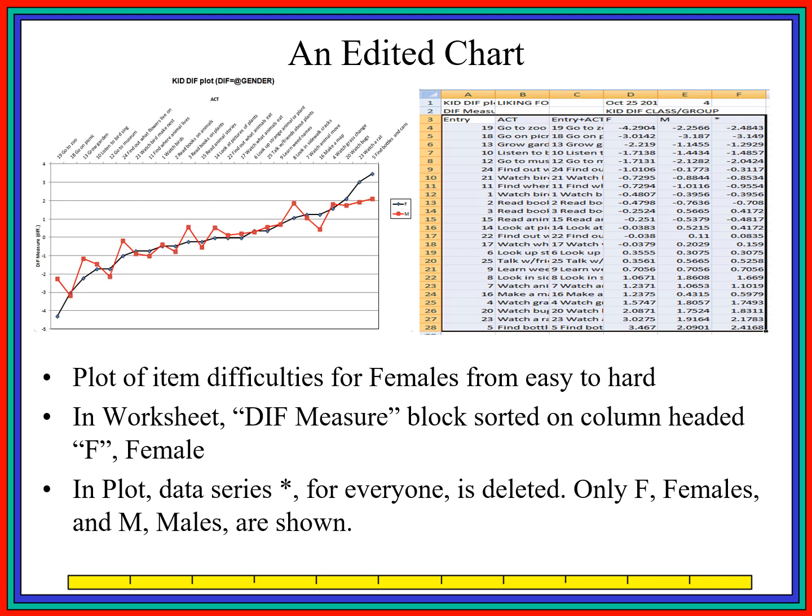If we sort the worksheet, which is shown on the right, the worksheet tab at the bottom of the Excel, beneath the Excel chart, if we sort it by girls, by column F, we get the plot that you can see on the right here, which shows how the girls are finding items from the easiest to like, which is go to the zoo, to the hardest to like, which is find bottles and cans, and superimposed on the girls are the boys, the red line, and we can see how they relate to the girls.